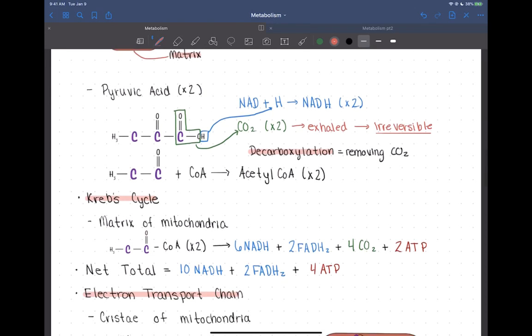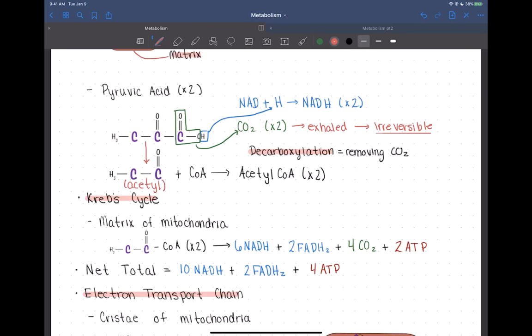Up to this point, we've made 2 NADH and 2 carbon dioxide. Those carbon dioxide are exhaled, and we're going to hang on to those NADH for later because we're going to use them at the end. Now what we're left with, as you may remember from when we talked about coenzyme A, is this 2 carbon molecule, which is an acetyl.